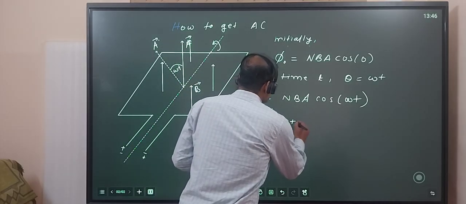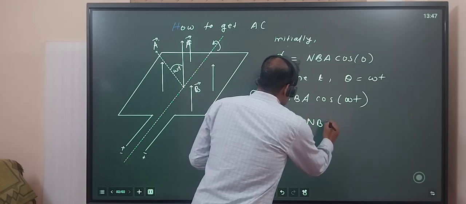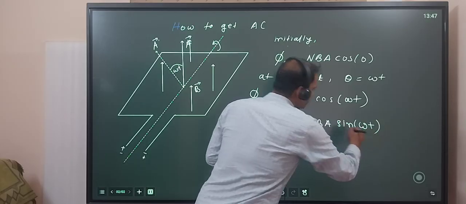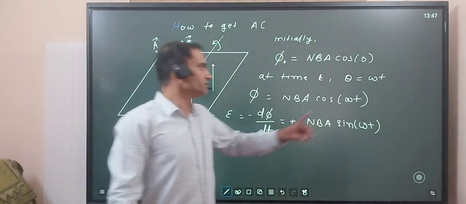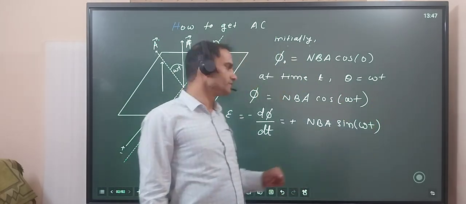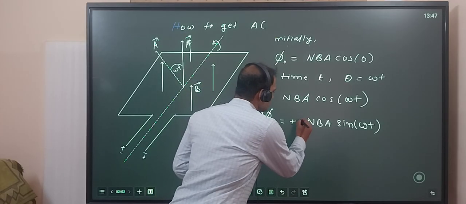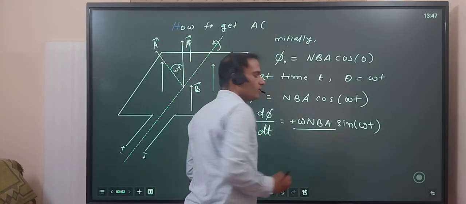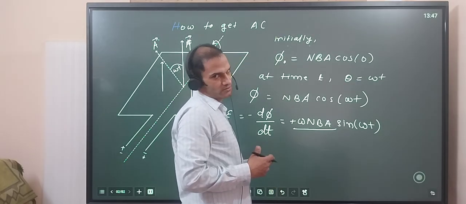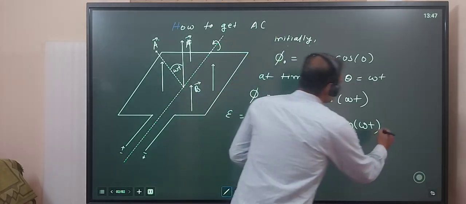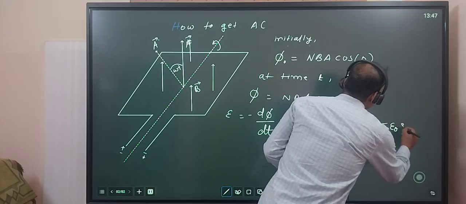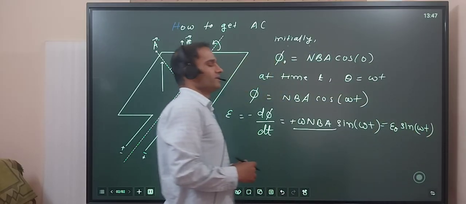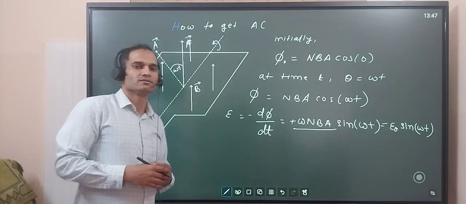So I will write a positive, and I will write NBA sine omega t. One more thing we are forgetting, the coefficient of this t, omega, will also come here. Now this part I will call E naught, the EMF. E naught sine omega t.